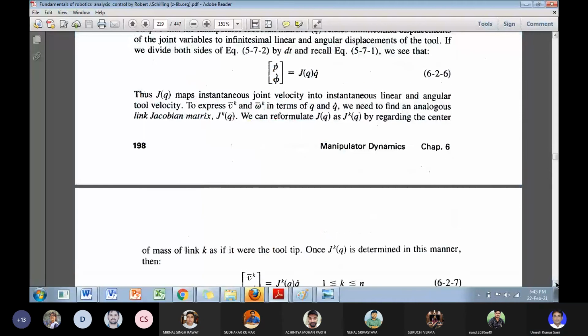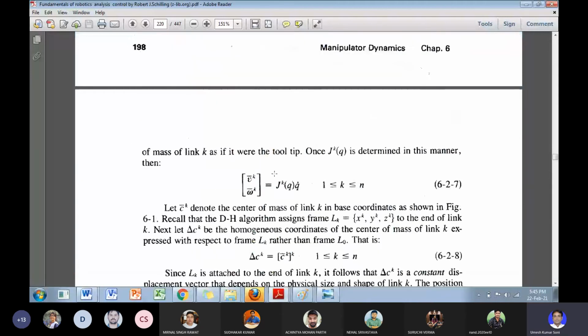So Jk is determined in the same manner. The angular velocity and linear velocity of the center of mass of the link is given by this matrix.